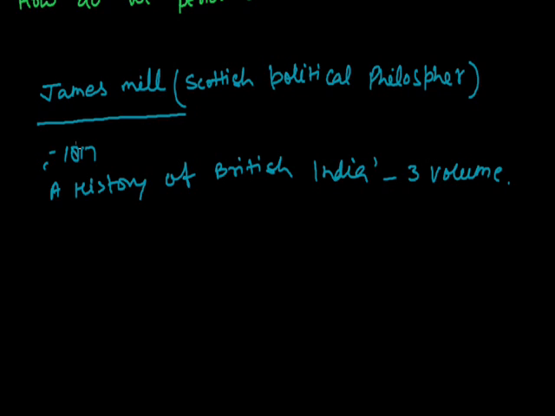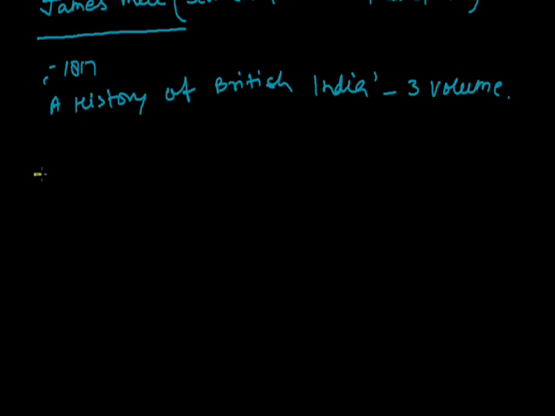Mill divided Indian history into three periods. What were they? First, Hindu. Second, Muslim. And third and last, British.